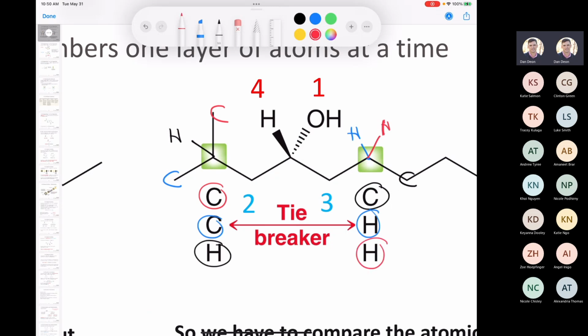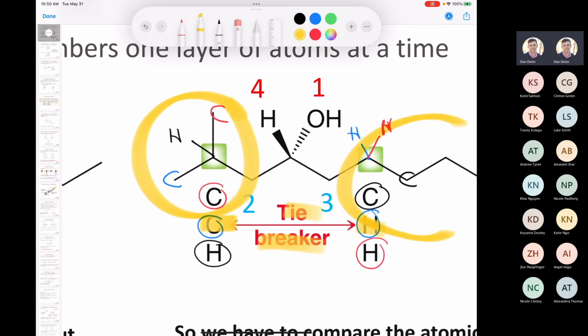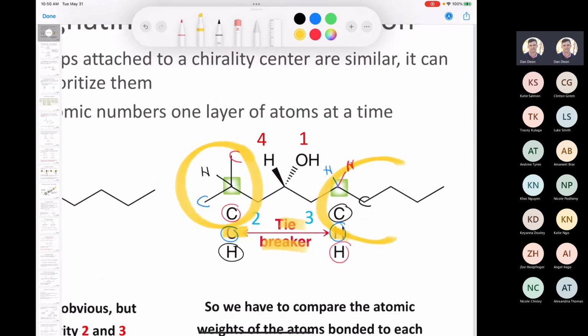So what I do is I list those atoms in the order of the highest atomic number to lowest, and we see that we have a tiebreaker here. Carbon has a higher priority than hydrogen because it has a higher atomic number, and therefore all of this has a higher priority than all of what's on the right-hand side.